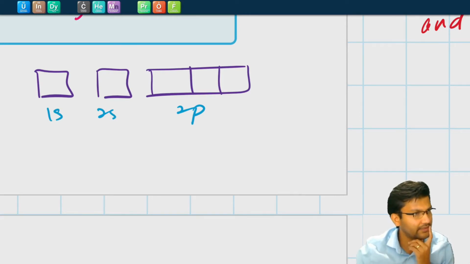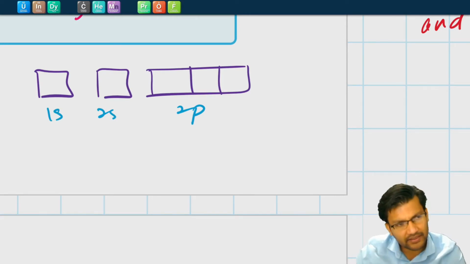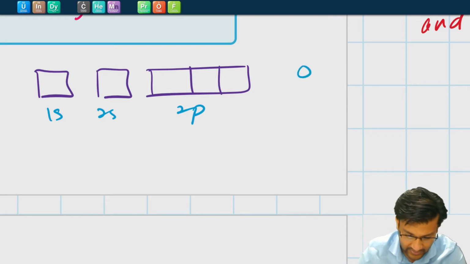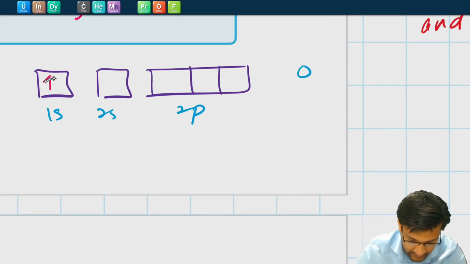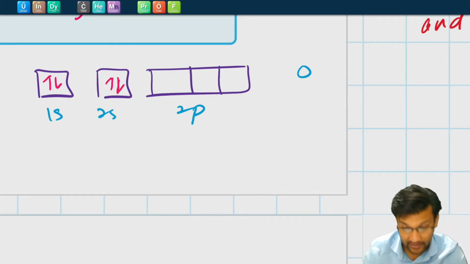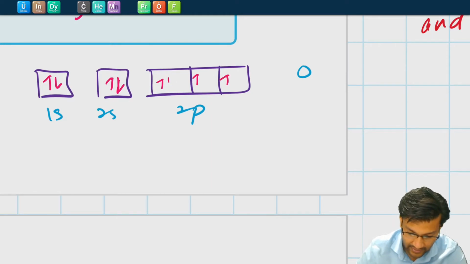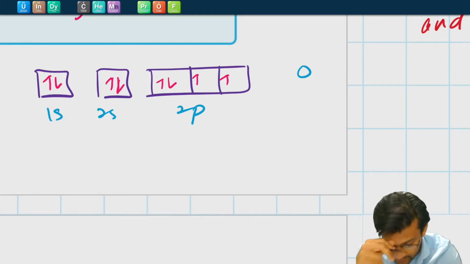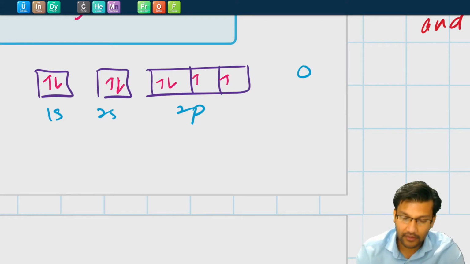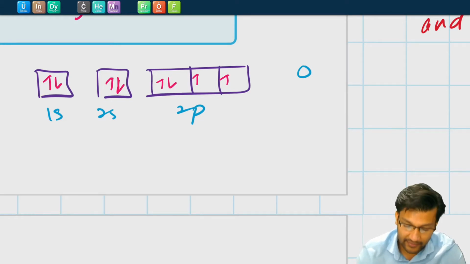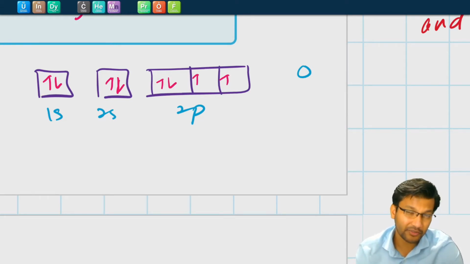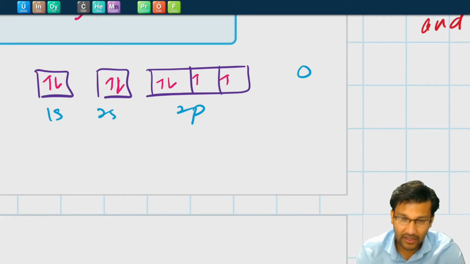Let's pick oxygen, because why not? We know oxygen will have 2 electrons there, 2 electrons there. Oxygen has 8 electrons total, so there's 4, 5, 6, 7, 8.